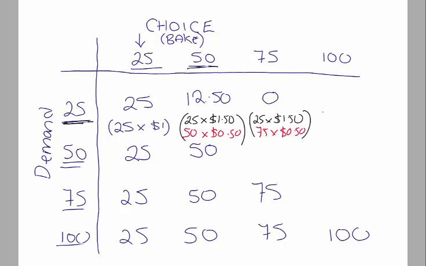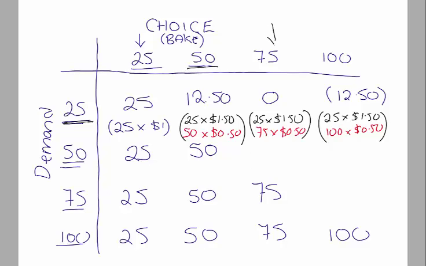Then on the last one, demand is still 25, revenue is 37.50, but now we make 100 that cost 50 cents each, and in this instance we end up making a loss of $12.50. We can then do the same with the last three figures that we need here.